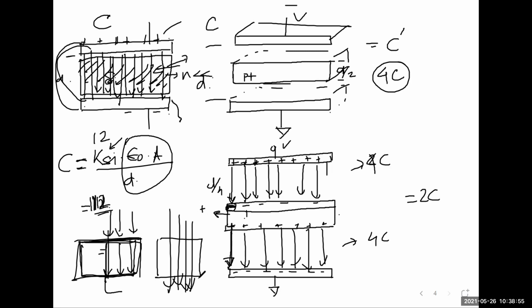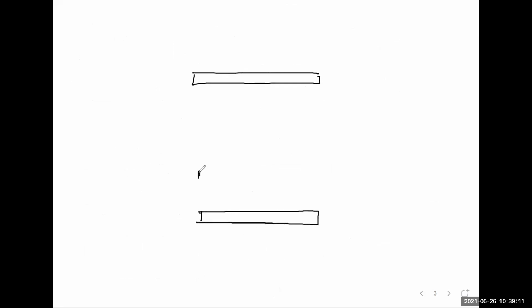clear? Okay, so I'll ask the last question, which is related to the MOS. So when we do the MOS capacitance, this will be more clear. So you have a plate like we had before, right? You have another metal plate here. But now I'm going to put a lightly doped P minus, but I'll actually connect the metal to the P minus. So this is metal, right? So let's say this is aluminum.